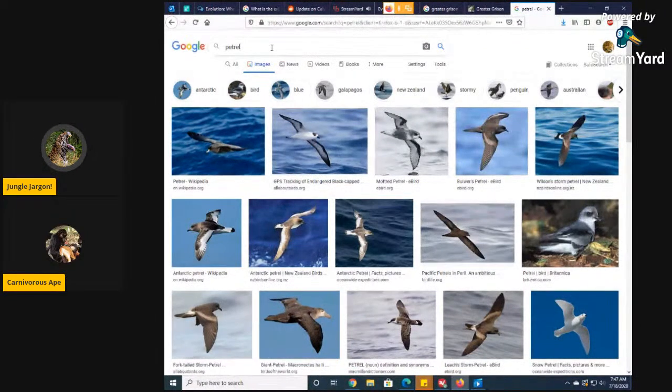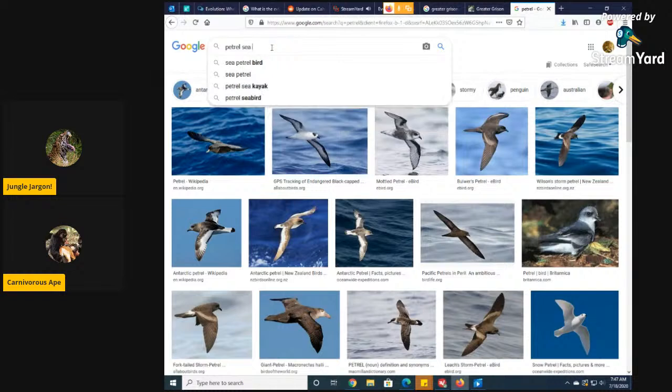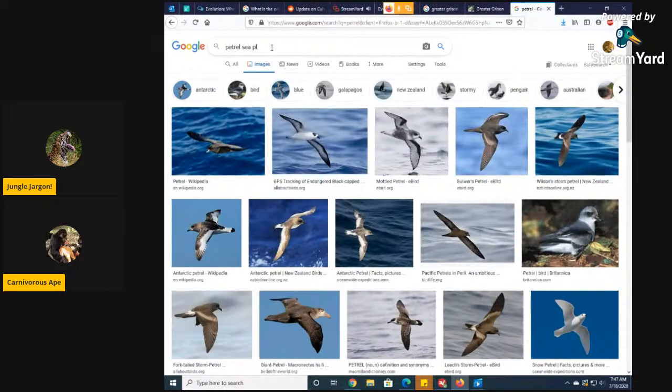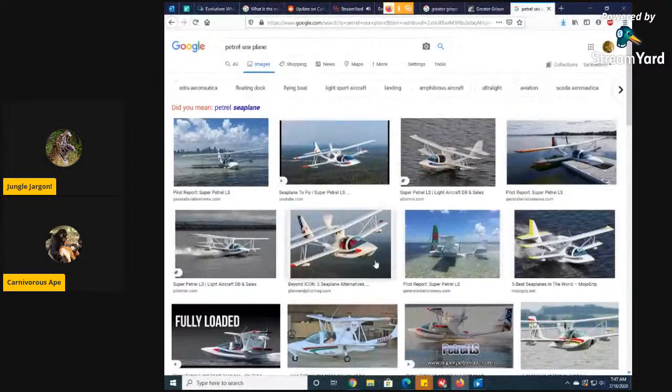Now if I add on to this. That's a Petrel, and this is a Petrel. It's a pretty nice aircraft. It's a small seaplane.